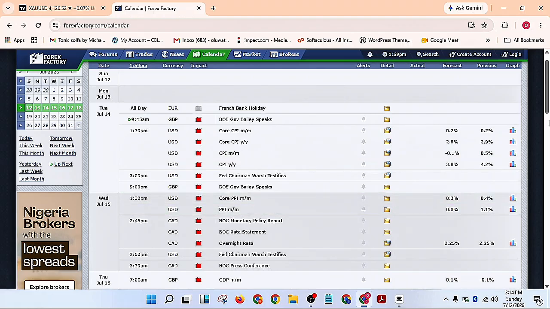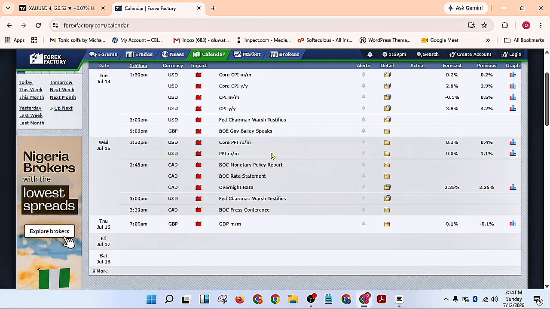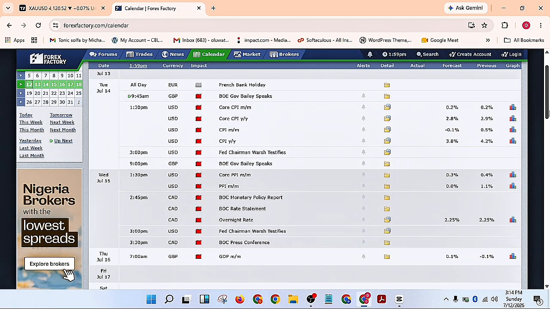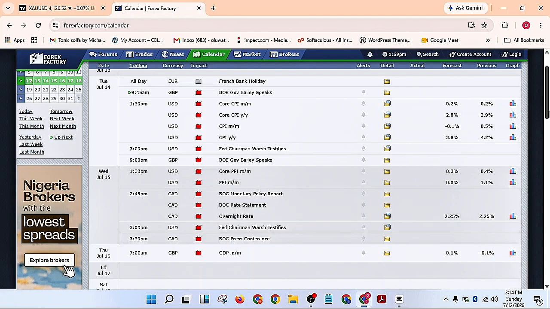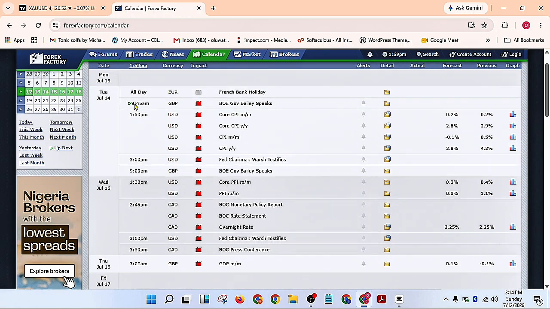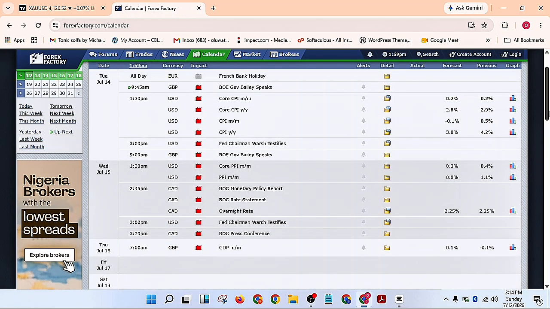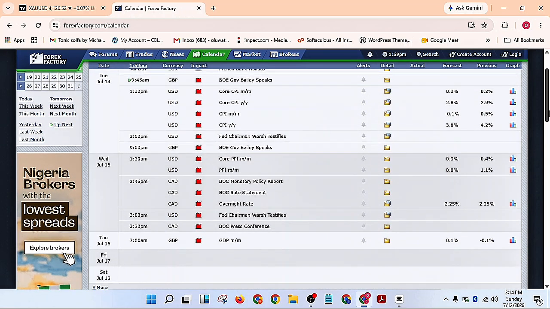Wednesday too, there's PPI news, and even Thursday we have news. So basically, if you are trading any currency pair against USD, just know that Wednesday will be USD news.